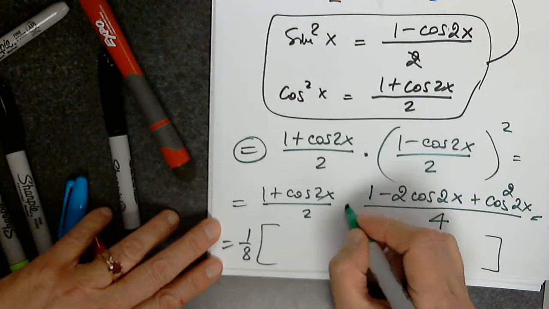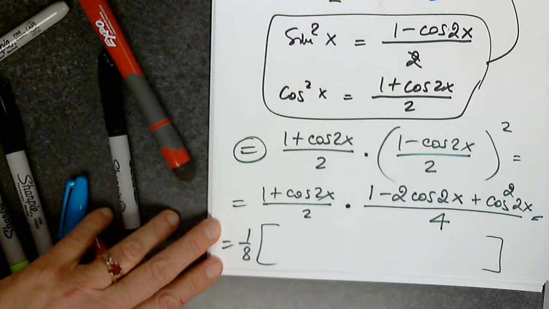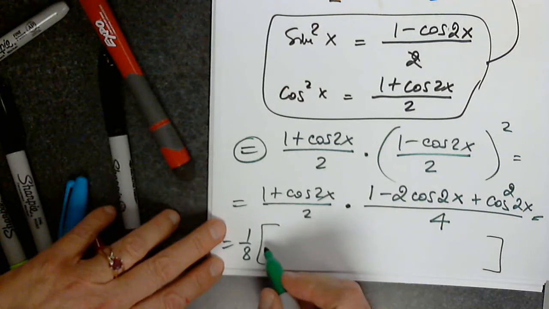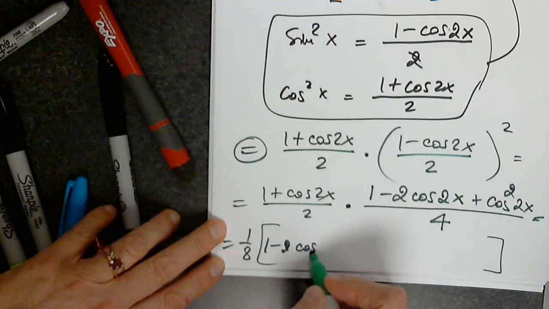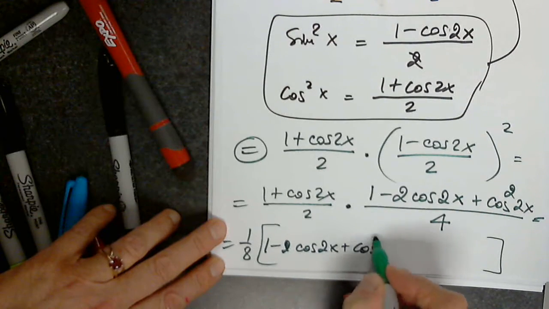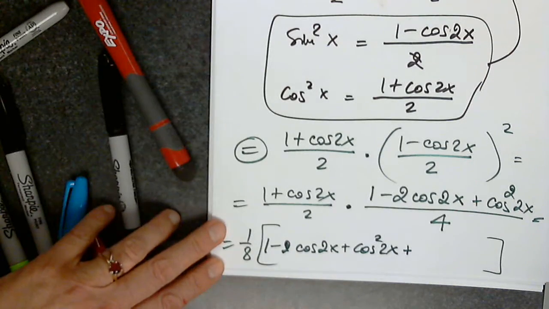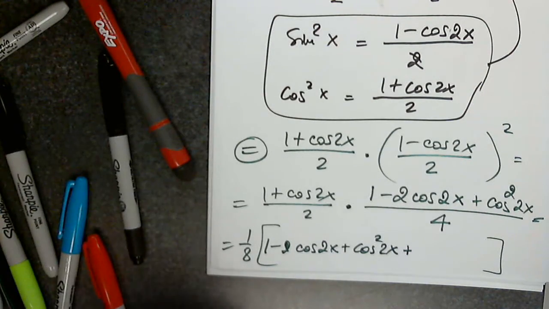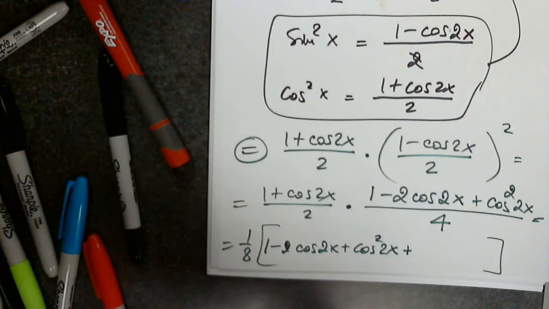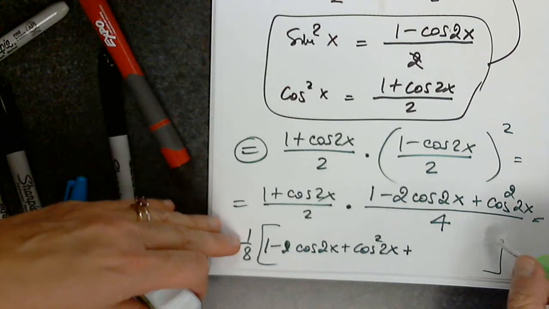Because it's multiplied, I multiply the tops and I multiply the denominators. Agreed? So 1 distributed to these 3 is 1 minus 2 cosine twice x plus cosine squared twice x, and plus, can anyone dictate? And since I may not have enough room, I'm going to erase this bracket from here and put it in later.